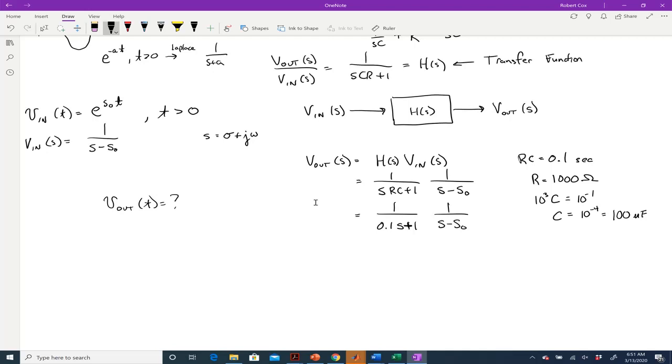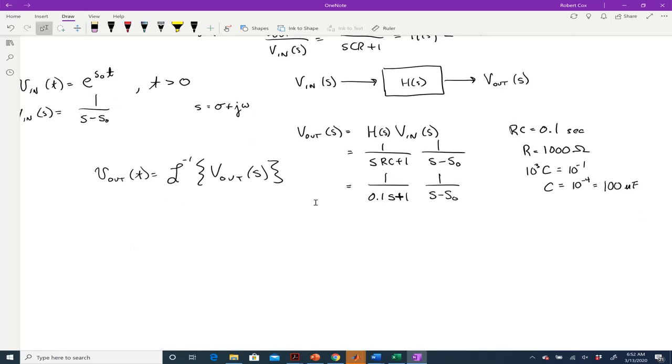So what that means we need to do is basically find the inverse Laplace transform of V out of S. This is the same thing we did in differential equations. Okay, so let's take the inverse Laplace transform of this whole thing.